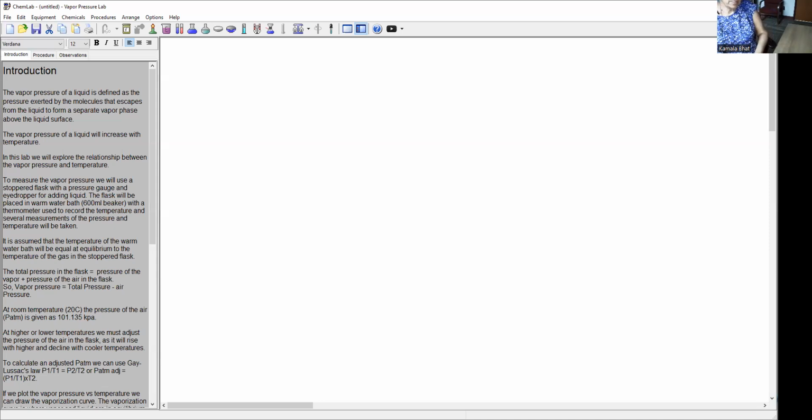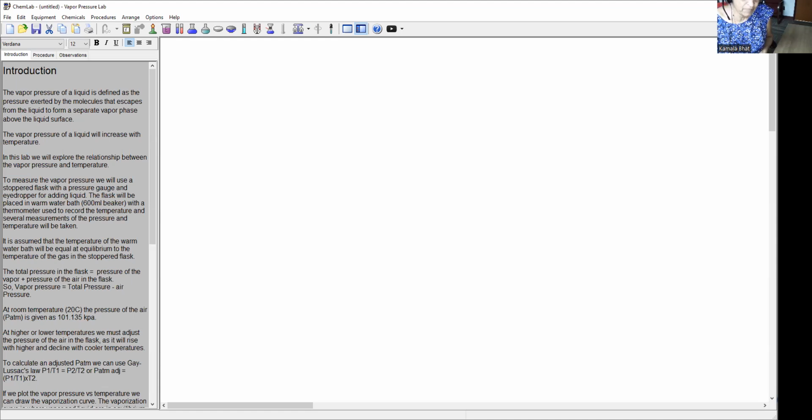In order to calculate the pressure, we can use Gay-Lussac's law, that is P1/T1 = P2/T2, where the volume of the container is kept constant and the quantity of gas is kept constant, so that we can get the adjusted pressure as equal to P1/T1 times T2.